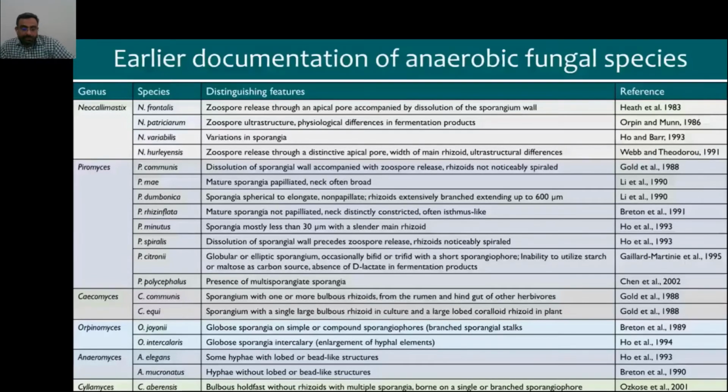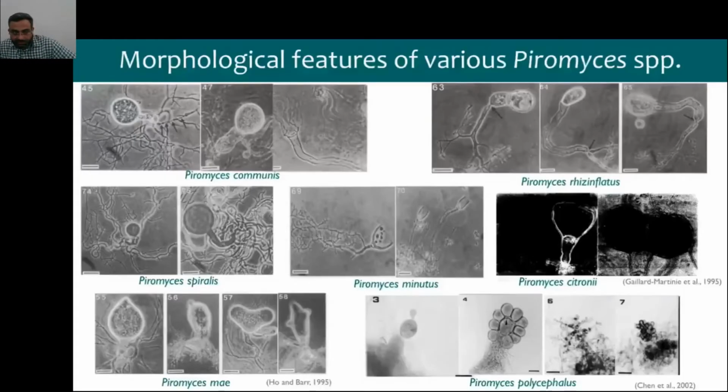In Orpinomyces, the microscopic or morphological difference is very substantial, and they were agreed to be two different species. While in Anaeromyces, as I mentioned earlier, they were similar looking, and even though they were never compared together, it was kind of agreed that they are the same species and there is only one species in Anaeromyces.